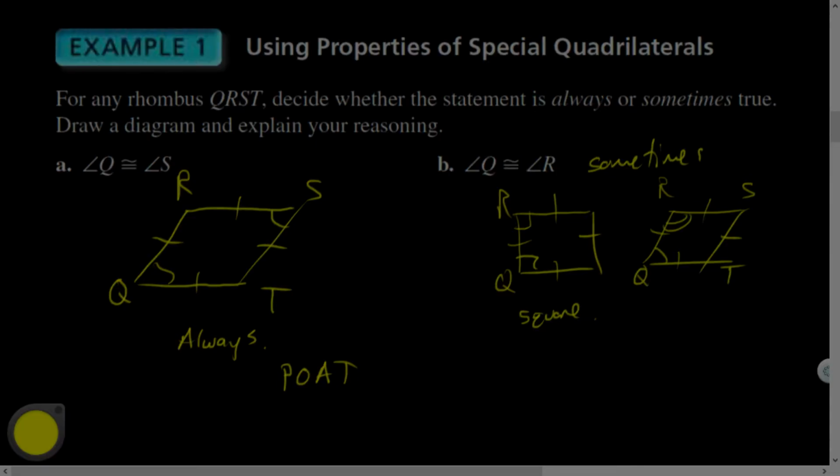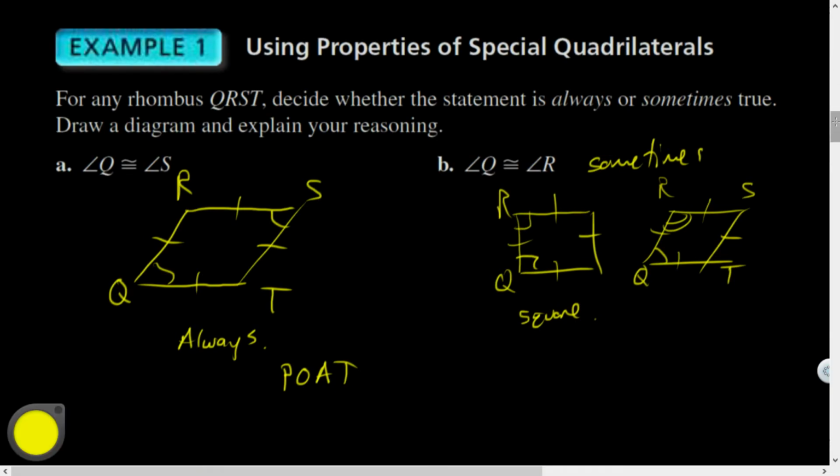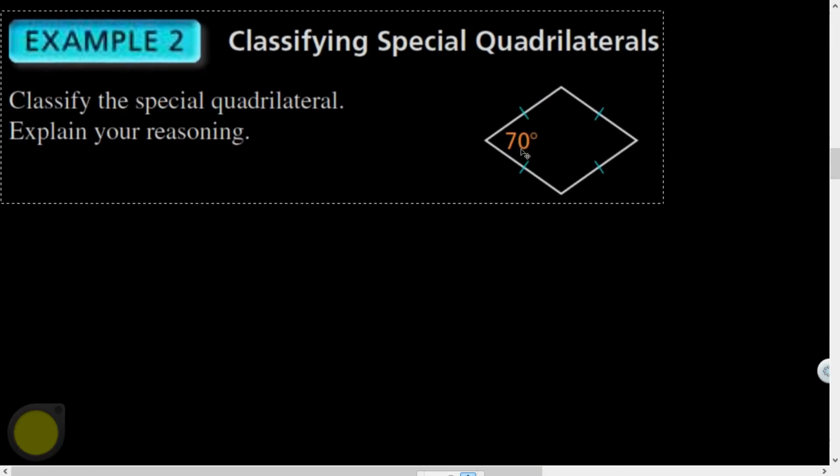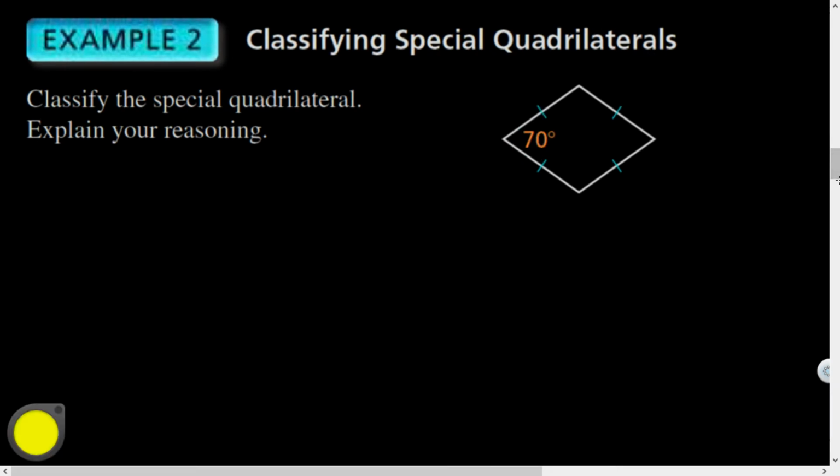This feels kind of easy so far. Look at this. Name that shape. Rhombus. It's in the quad family. It's in the parallelogram family. Why is it in the parallelogram family? Because of the opposite sides theorem.